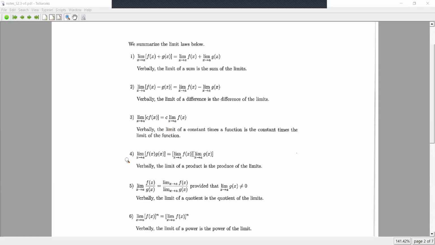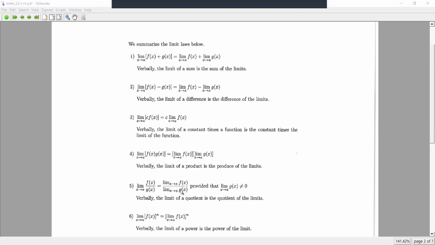Law number four is the product law. Limit of a product is the product of limits. Law number five is the quotient law. Limit of a quotient is quotient of limits. Of course, the limit in the denominator cannot be zero.